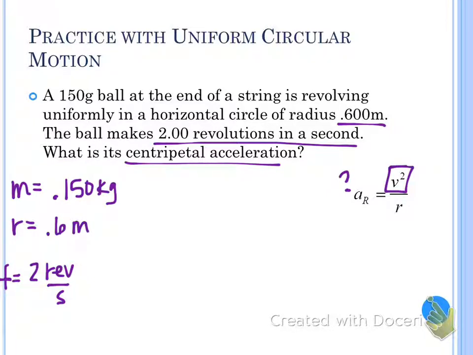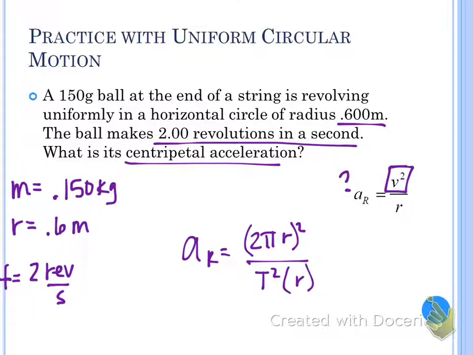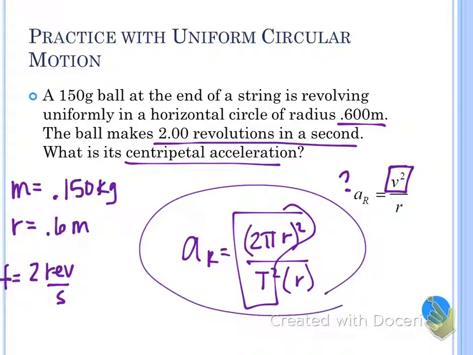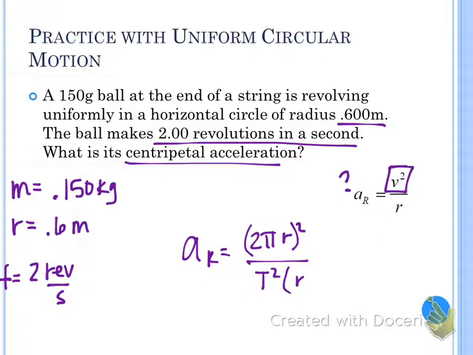Instead of doing a sub r equals 2 pi r squared over t squared times r, this is velocity. I would just solve velocity separately first, then square it. Does that make sense? You could do this whole equation by yourself if you'd like, but I would just say solve velocity separately and then plug it in and square it.